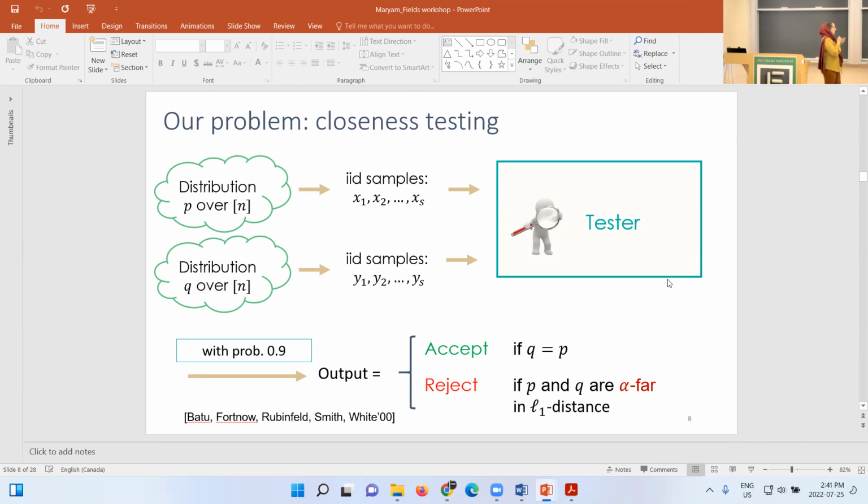The setting is as follows. We have two unknown distributions P and Q over a discrete domain of size n. We receive samples from these distributions, and our goal is to design a tester, or an algorithm, that with high probability can distinguish the following two cases. If P and Q are equal, we want to output accept, and when P and Q are alpha far from each other, we want to output reject.